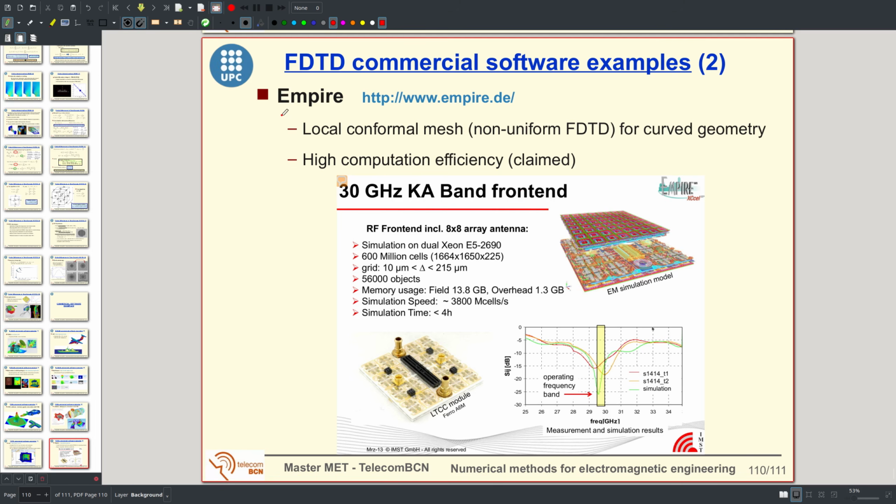Another interesting software is Empire. Again, they also have non-uniform mesh. I told you that all modern, important software packages for FDTD use non-uniform meshes. They call it local conformal mesh for curved geometry, but anyway, there are different ways of formulating the solution for a non-uniform mesh. It is interesting because they claim that it has very high computational efficiency.